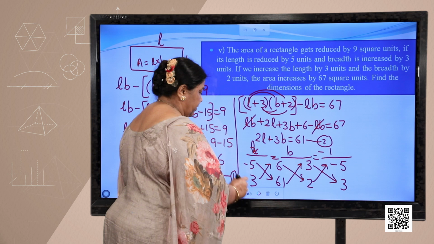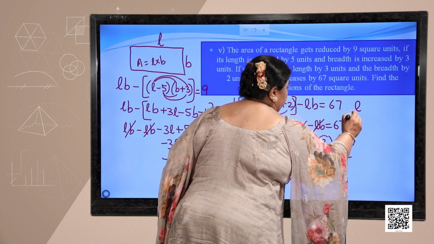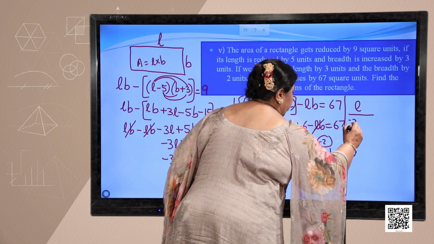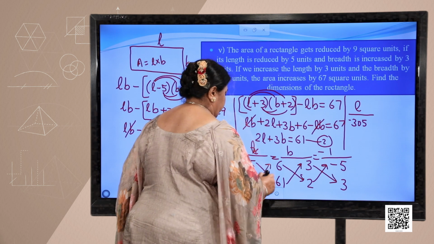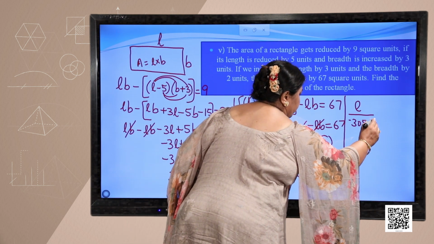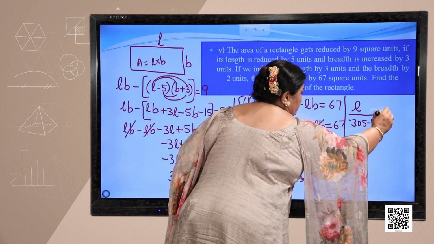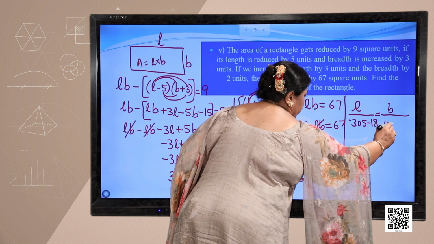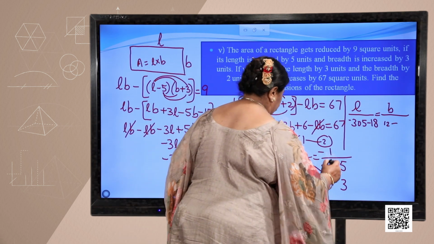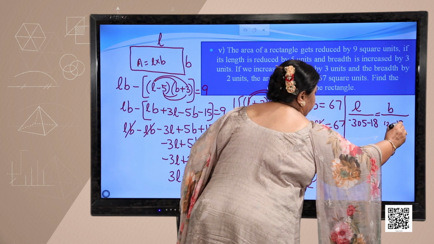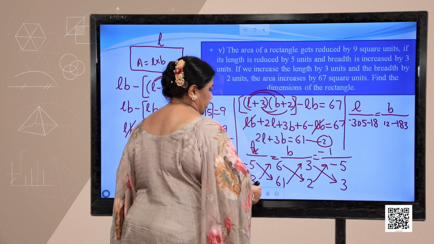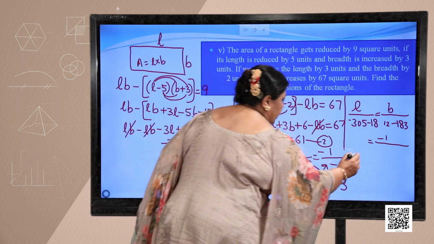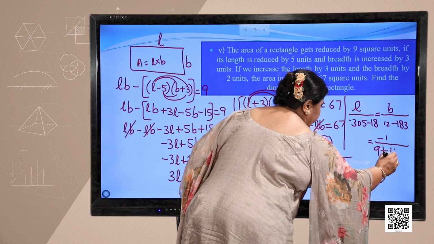So, what is 61 into 5? It is minus 305 minus 18 is equal to 6 2s are 12 minus 183. 61 into 3, that is equal to minus 1 upon 3 3s are 9 plus 10.